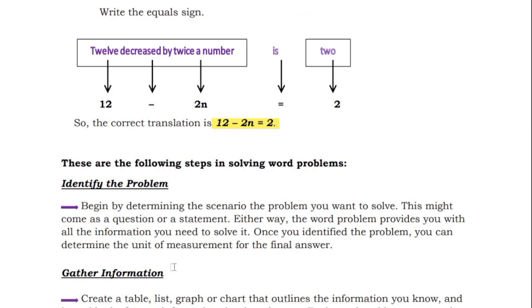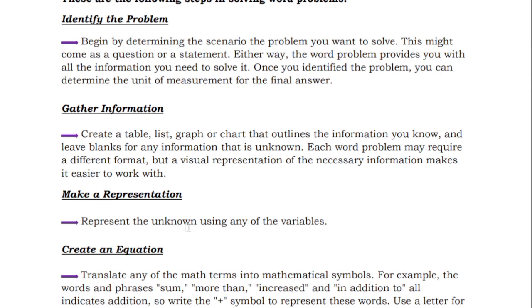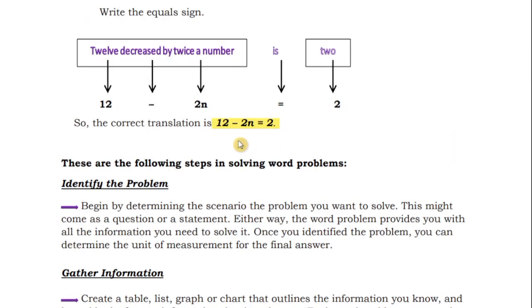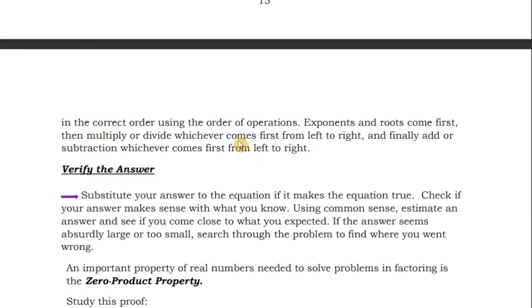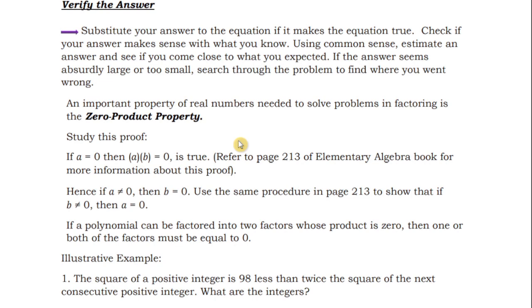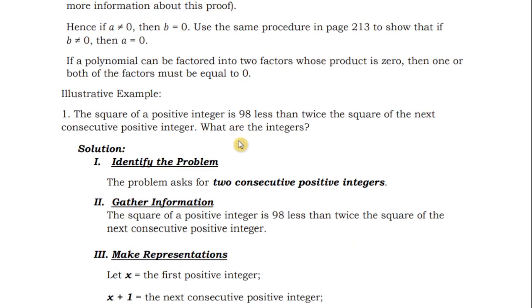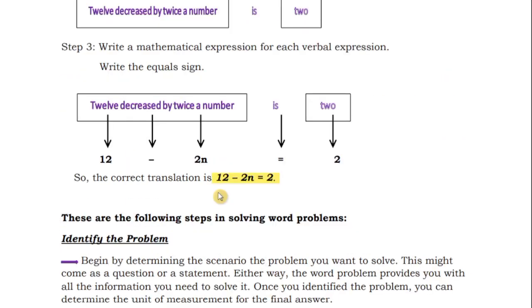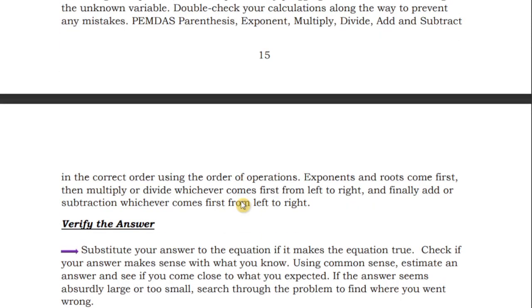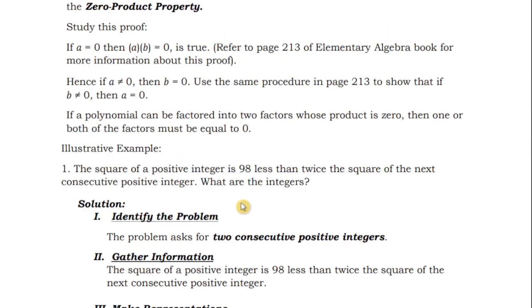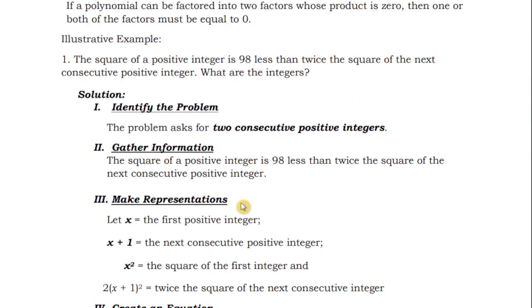Then as we gather information, we make the mathematical representation, the equation, then solve further and verify the answer using the zero product property. Since we are only translating from the verbal statement to the mathematical statement, here is another example.